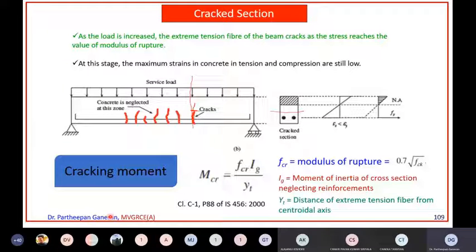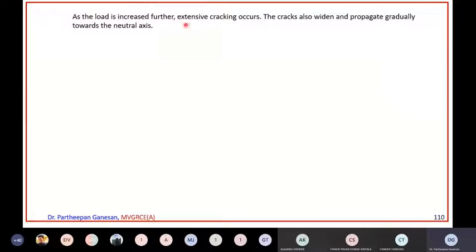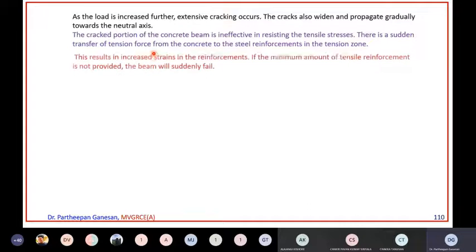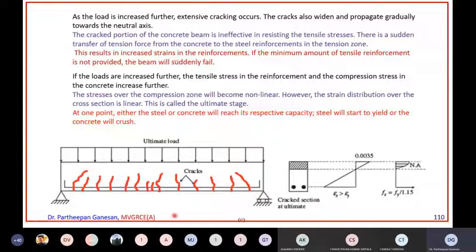As the load is increased further, extensive cracking occurs. The crack also widens and propagates gradually towards the neutral axis. Here I will show it in the figure. When you apply more and more load, the crack keeps on increasing. What will happen after a certain time? All the tensile force will be transferred to the tensile steel.